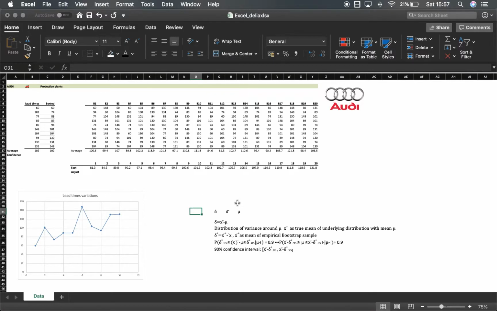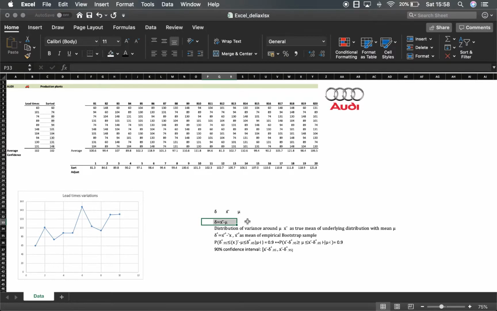In the beginning, we calculated the mean of our original sample, which represents the true mean for our delta formula. To calculate the confidence interval, we now have to find out how much the distribution of our computed x bar values from our bootstrap samples vary around the true mean of our original sample. Delta is therefore reflected in this formula.